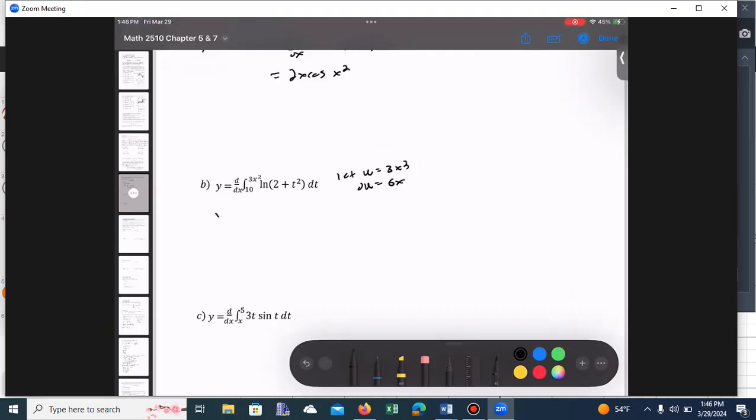So y prime is going to equal natural log of 2 plus u squared times du/dx, which will give us natural log of 2 plus 3x squared, all squared, times 6x. So we have 6x natural log of 2 plus 9x to the fourth.